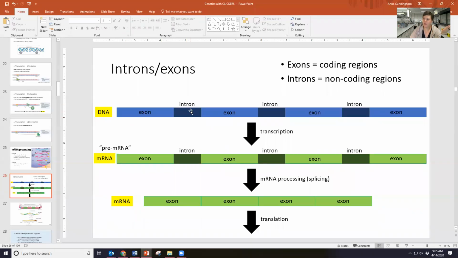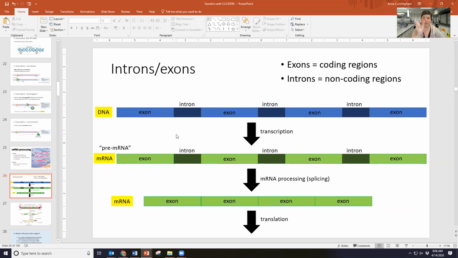The difference is that exons are segments of nucleotides that will directly contribute to codons, which, remember, are what code for amino acids in a protein. So you can equate anything in an exon to something that is going to eventually be translated.